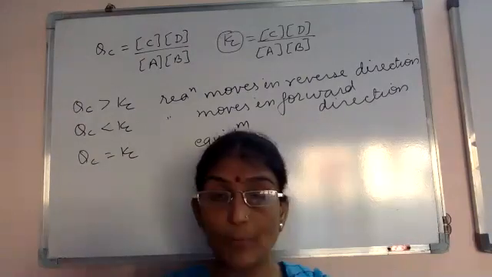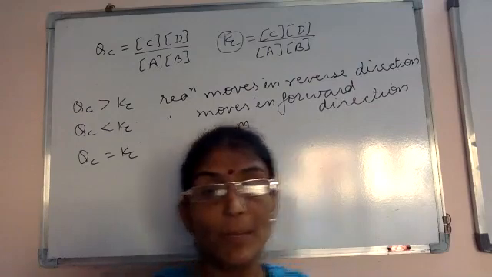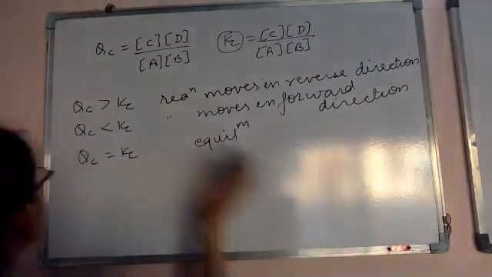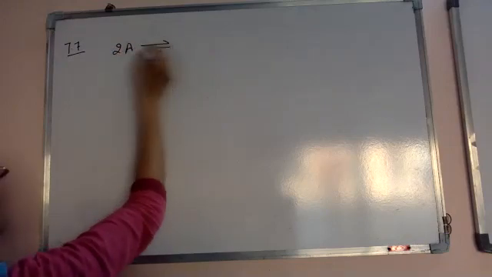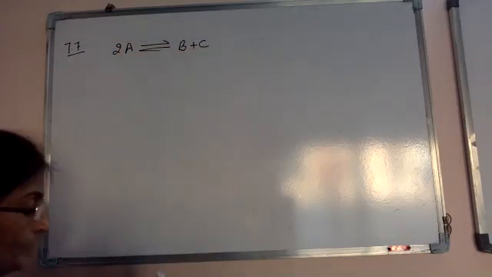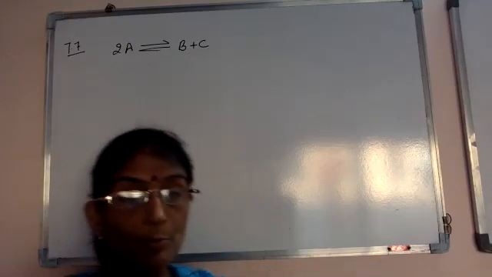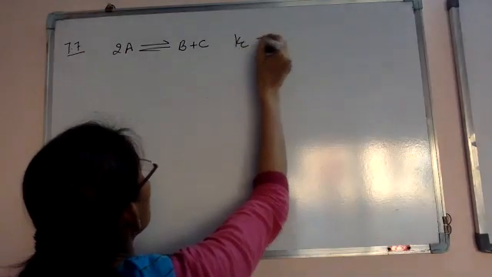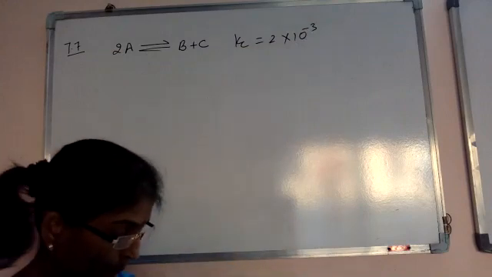Question number 7.7. The value of Kc for the reaction 2A gives B plus C. Its equilibrium constant is given 2 into 10 to the power minus 3.